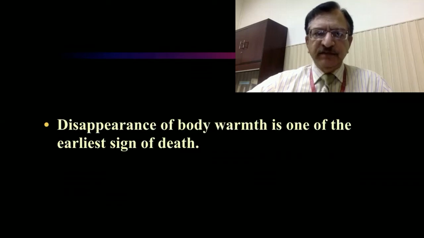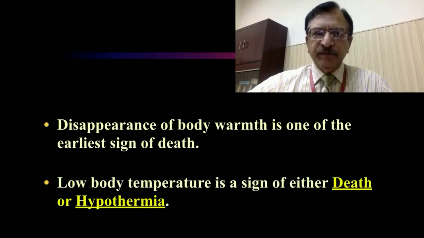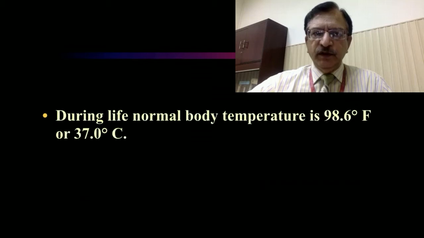So disappearance of body warmth is one of the earliest signs of death. Low body temperature is a sign of either death or hypothermia. During life, the normal body temperature is 98.6 degrees Fahrenheit or 37 degrees Celsius.